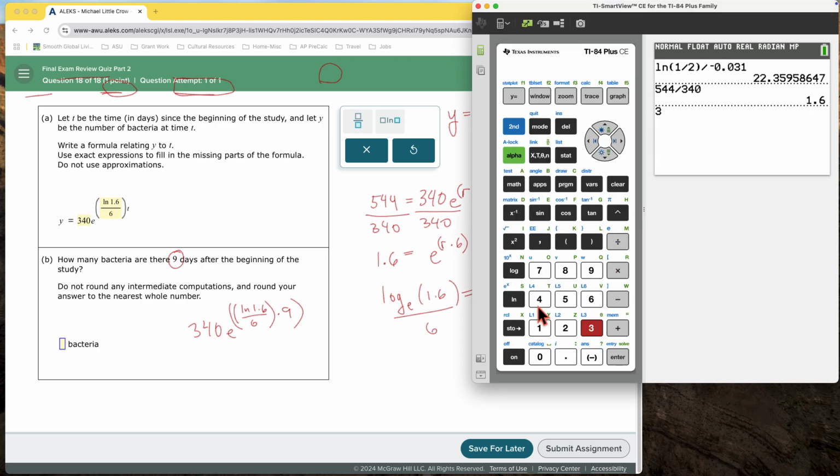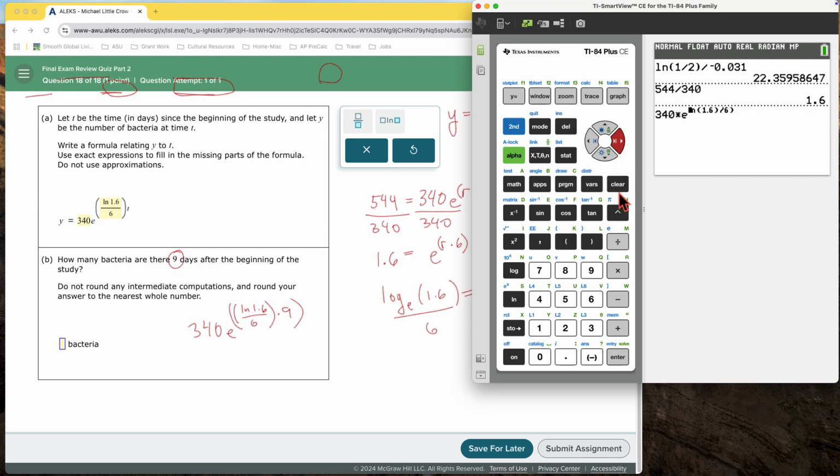So 340 times e raised to the natural log of 1.6, close that, divided by 6. And then I'll put parentheses around this one.